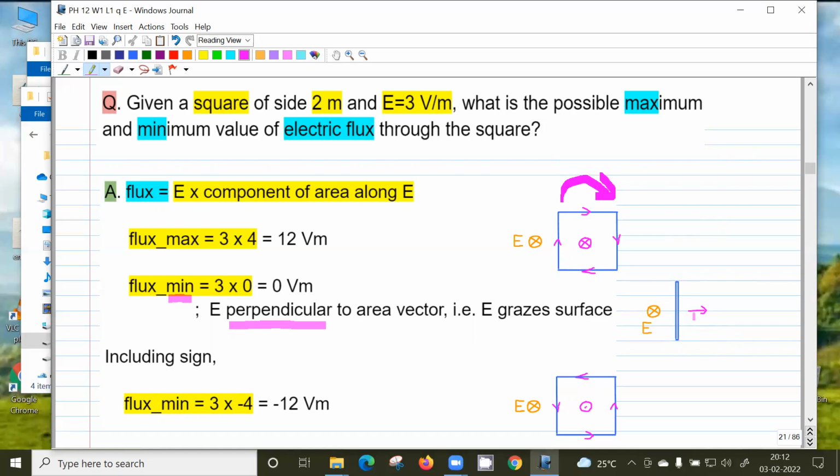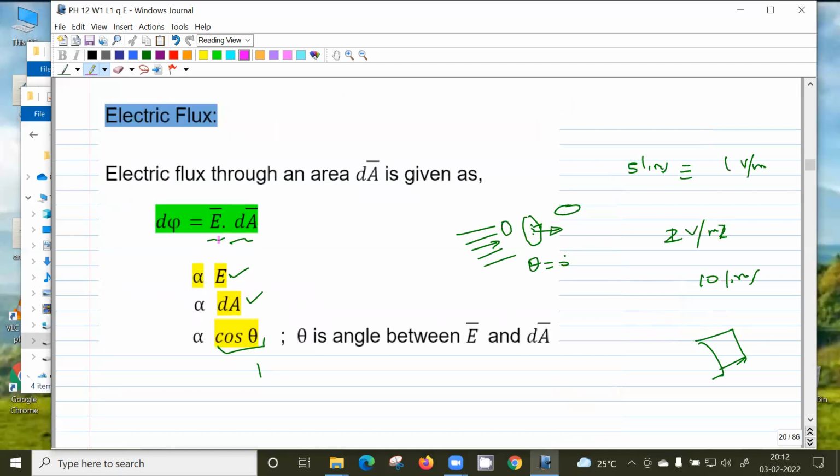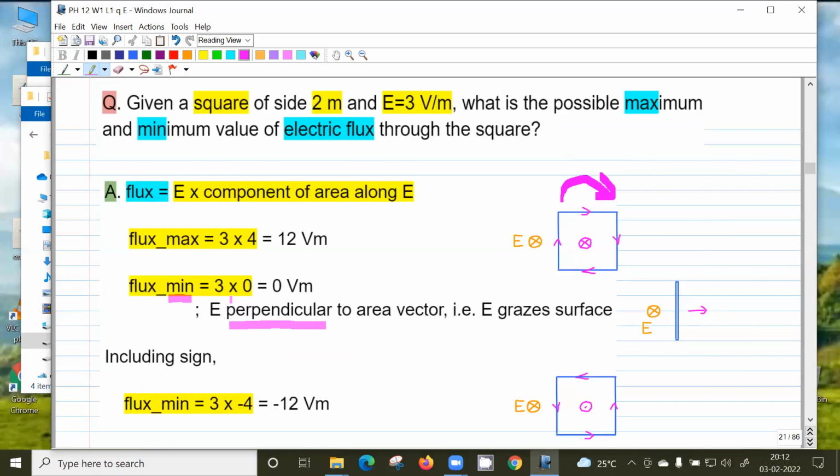Here the area vector is towards the right, and the electric field is into the plane of paper. So the angle between the electric field and the area vector is 90 degrees, and cos 90 is 0. So the flux is E dot dA, that is E into dA into cos 90, that is 0. Right? Is this clear?